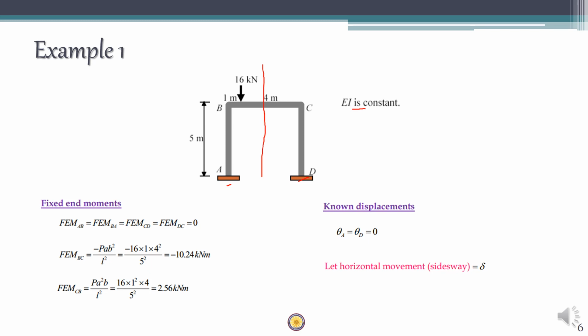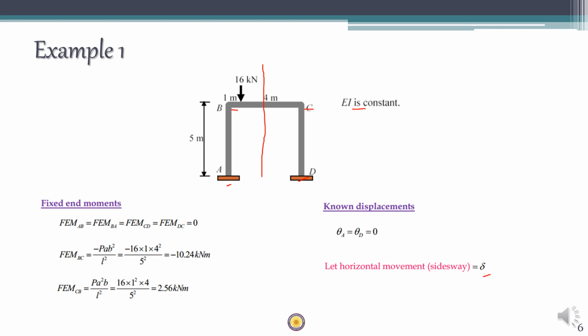However, the loading is unsymmetric, which means that there is a side sway happening. So let the side sway be delta at B and C. So at B as well as at C, there is a side sway value delta, which means that for member AB and member CD, whenever you are writing slope deflection equation, you have to include an unknown delta value in that, which has to be found out later.